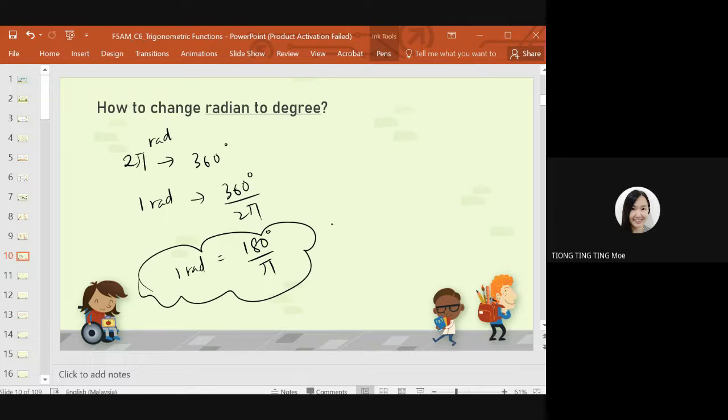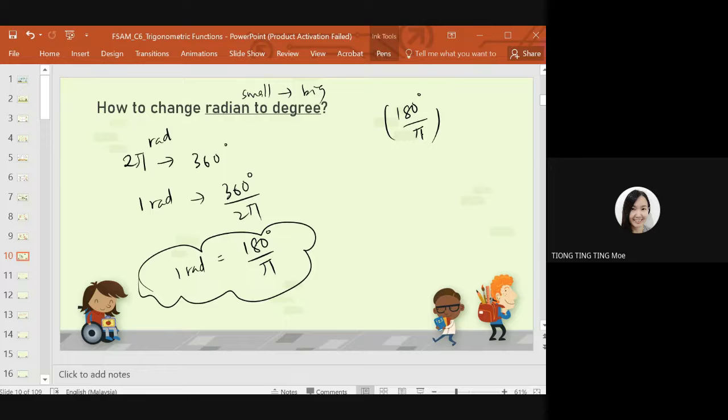Or you remember radian to degree: the value goes from small to big, so the big 180 is at the front and pi at the back.